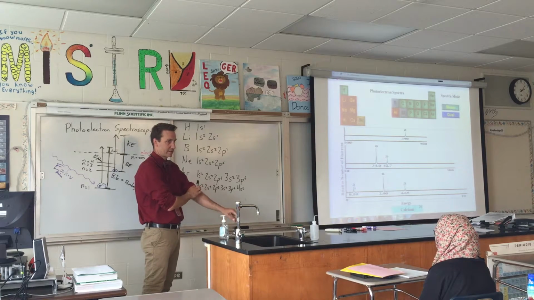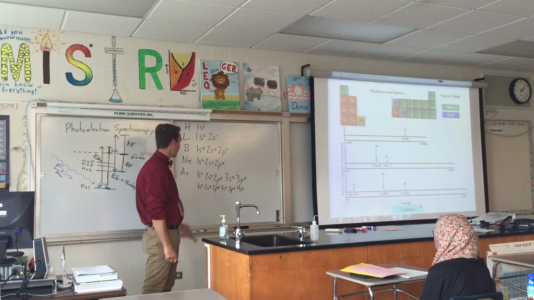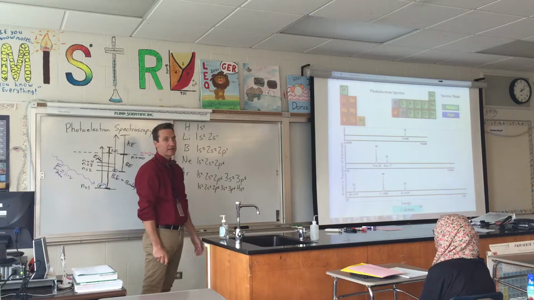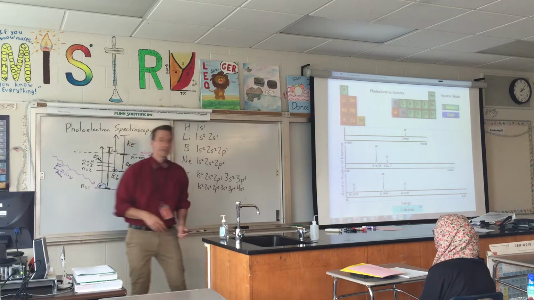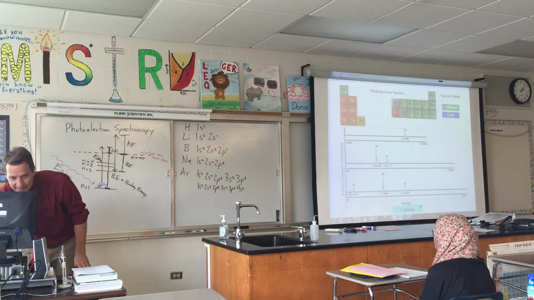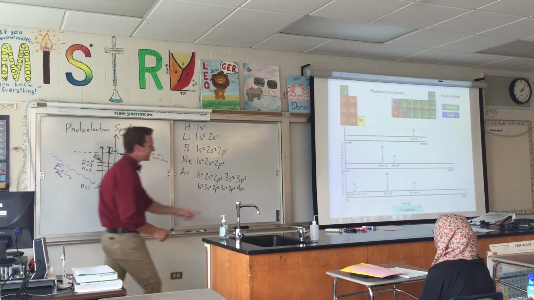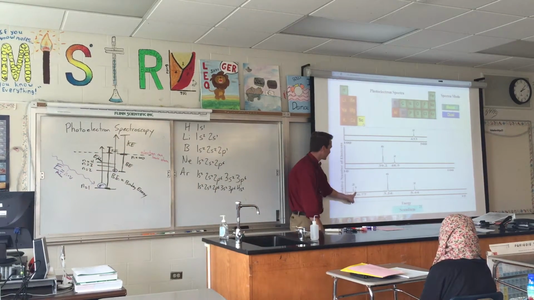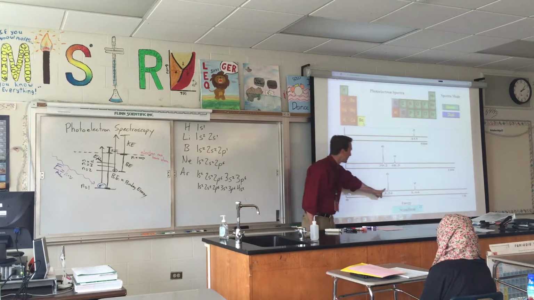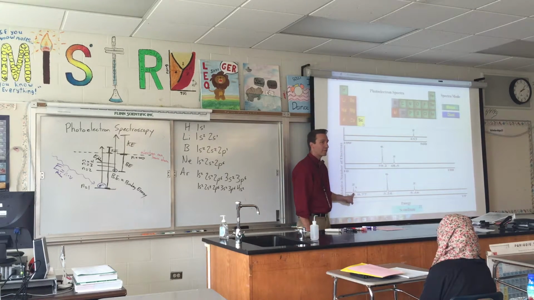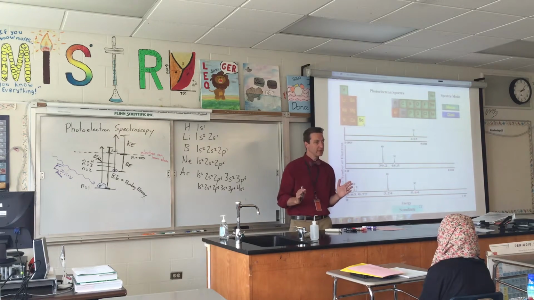What comes next? Looking at the pattern, you would think it'd be a 4p, right? But when we do PES on scandium, we see this little peak that actually comes in between the 3p and the 4s. It must represent a subshell of energy in between those 2 energies.